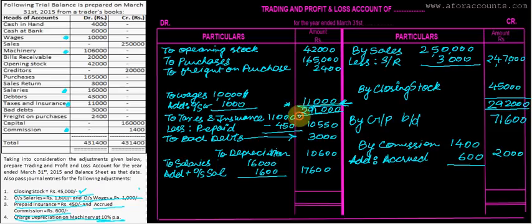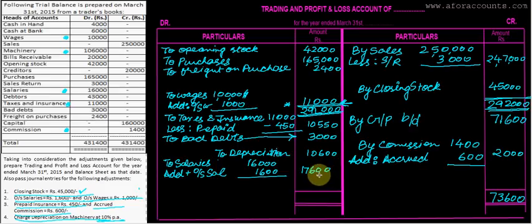This is our closing of trading account and we are starting profit and loss account from here. So by gross profit brought down 71,600. Then again I will total this side, 71,600 plus 2,000, 73,600. Okay, 73,600 minus 17,600 is the salaries.